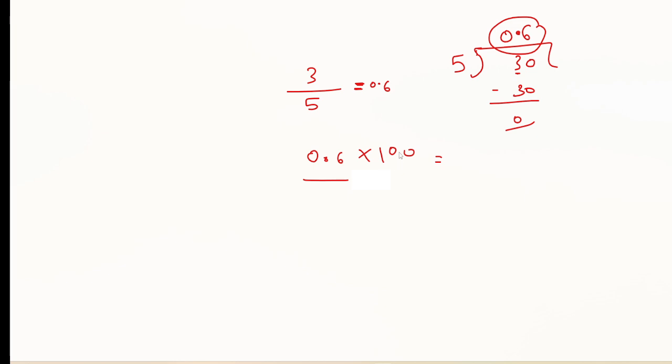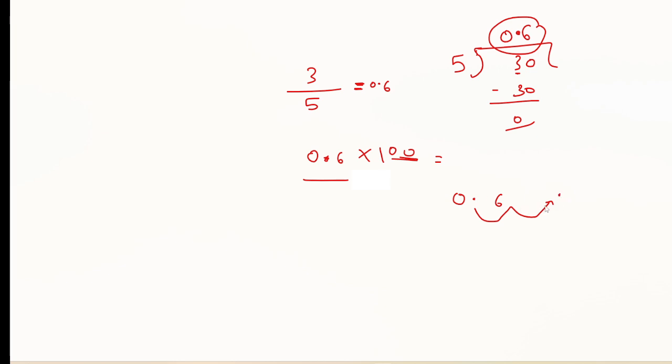So when we are converting a decimal into a percentage, this is how we do it. Because I'm multiplying a decimal with 100, I have to move the decimal towards the right. How many zeros are there? 2. So 0.6, 1, 2. The decimal would go there.